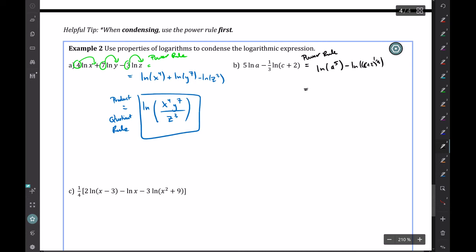Okay, and so then we can use quotient rule. And so that is ln of a to the 5th divided by c plus 2 to the 1/3. Or you could write that as ln of a to the 5th over the cubed root of c plus 2, if you wanted. Either one of these is right.